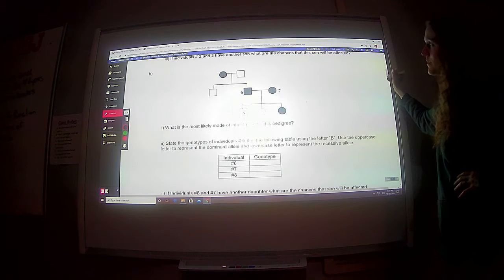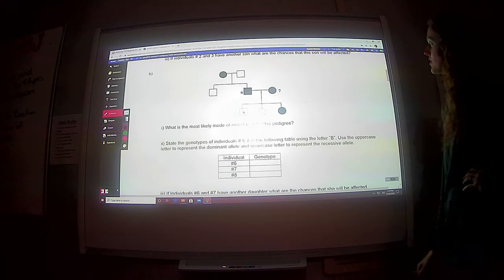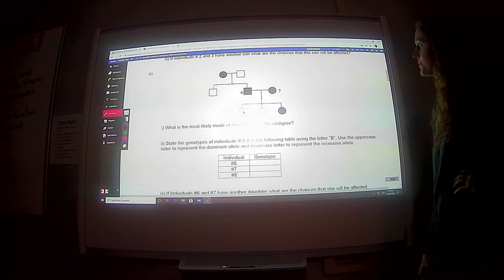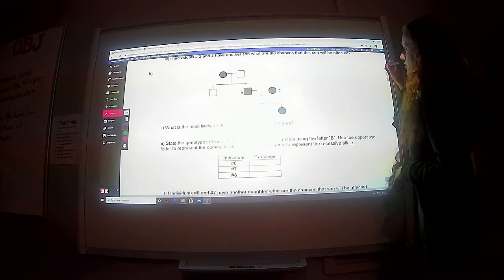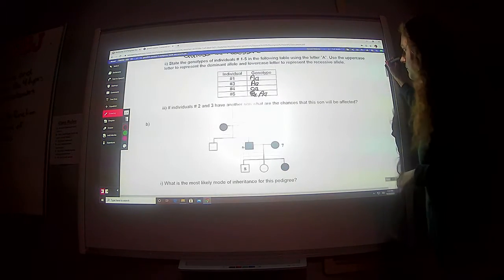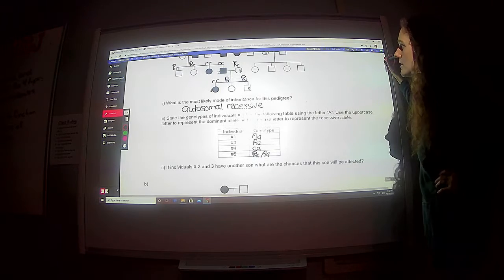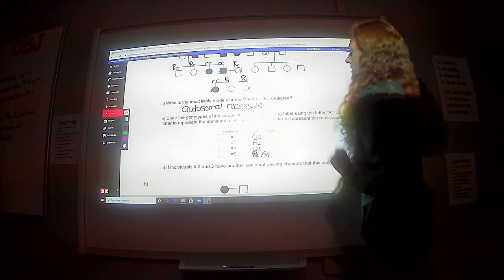If individuals numbers 2 and 3 have another son, what are the chances that this son will be affected? Oh, I'm not done with that question yet. If individuals 2 and 3 have another son, what are the chances that he'll be affected? So here he is up here.